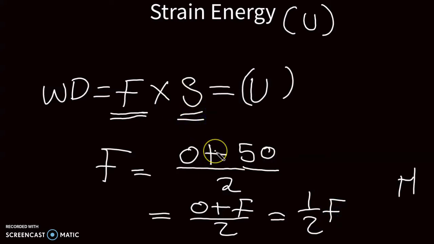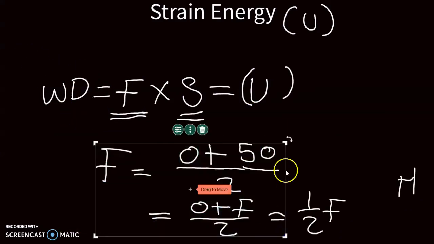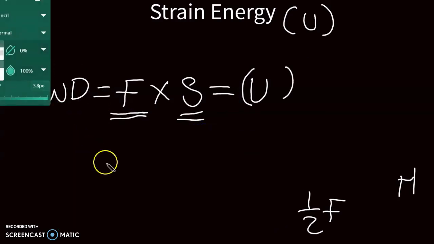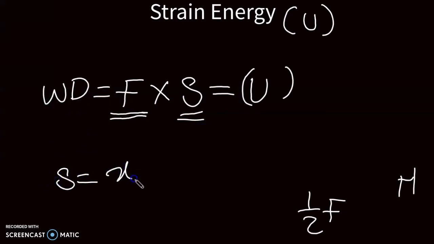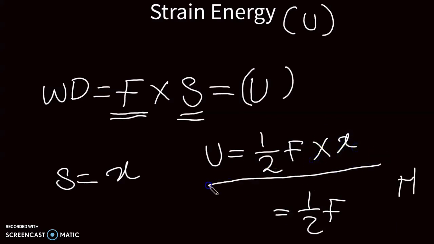The distance moved will be equal to the change in length. Therefore, the formula to calculate strain energy is given by U equals half force, which is the average force, times X. This is our formula to calculate strain energy.